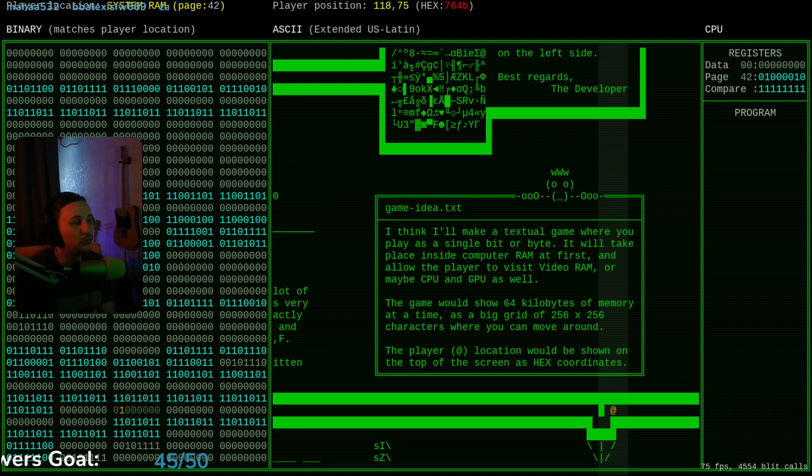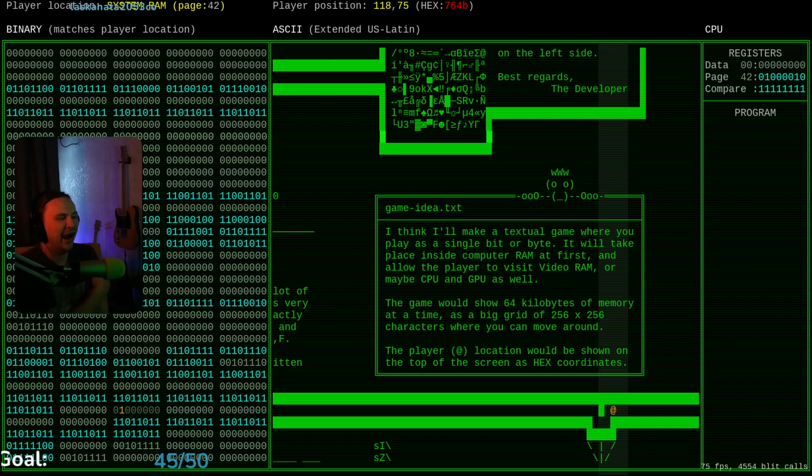The game would show 64 kilobytes of memory at a time as a big grid of characters where you can move around.